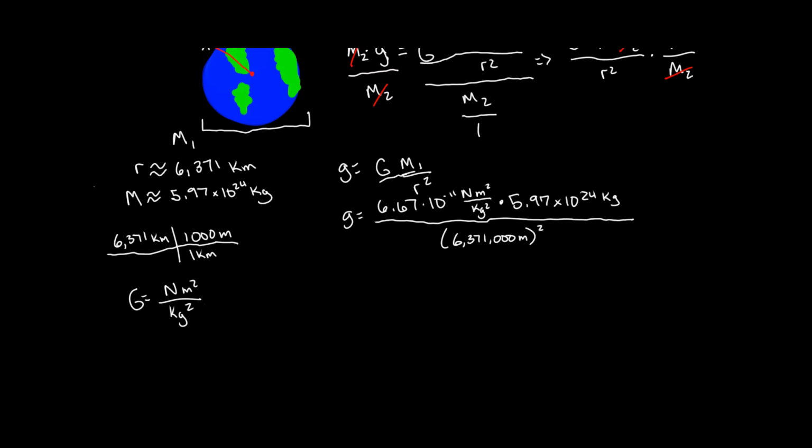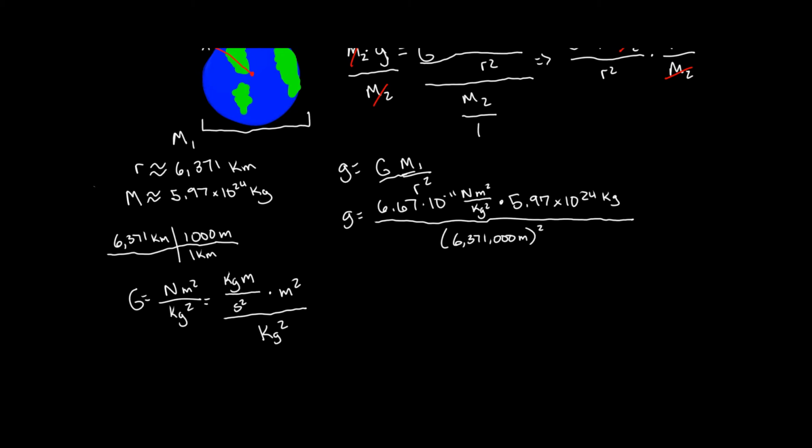Now, what's a Newton? We're going to put the same thing up, but we're going to put a Newton for what its actual units are. So a Newton is going to be a kilogram meter over second squared. And that's going to be times meter squared over kilogram squared.